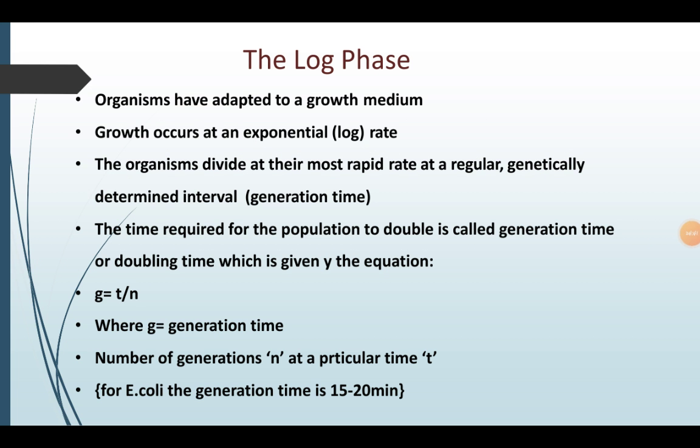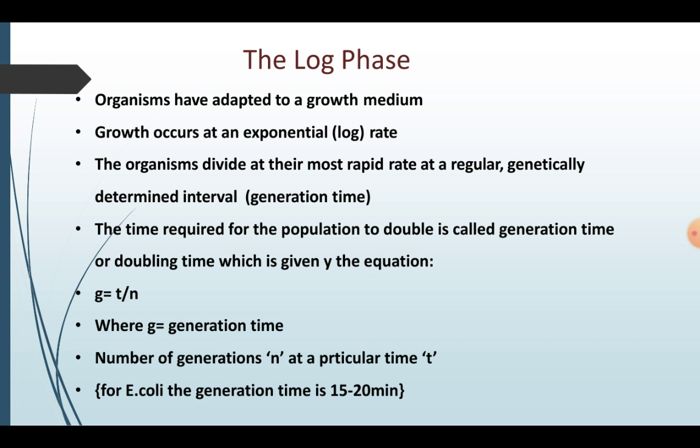The log phase is when organisms have adapted to a growth medium. Growth occurs at an exponential, logarithmic rate. The organisms divide at their most rapid rate, at a regular, genetically determined interval.